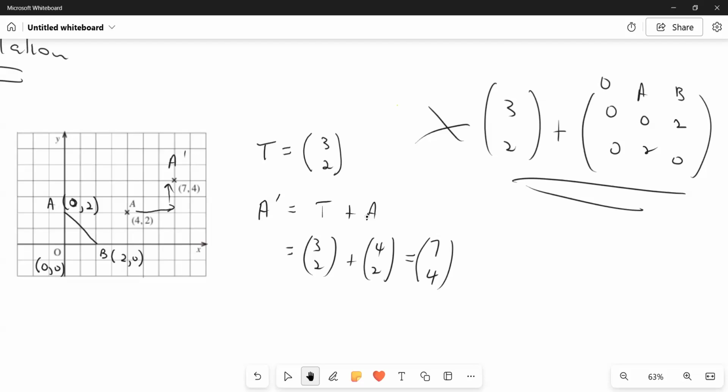Anybody remember our discussion about adding two matrices? What's the condition that is necessary before you can add two matrices? So rows and columns. What about rows and columns?